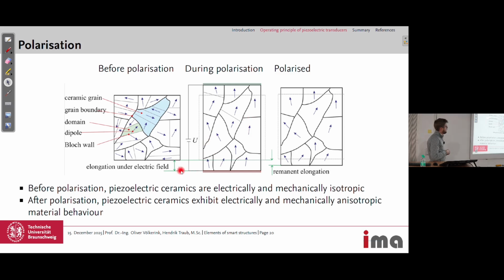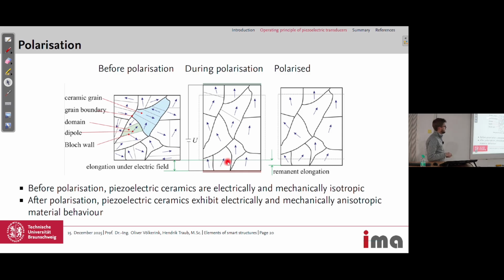And if we then remove the field again, it results in a polarization state, but it's not as oriented as during the polarization, so it goes a bit back, or some of the polarization is lost. And if we have the piezoelectric effect, meaning we have an electromechanical behavior, if we apply the electric field, the crystal is elongated compared to its spontaneous polarized state.